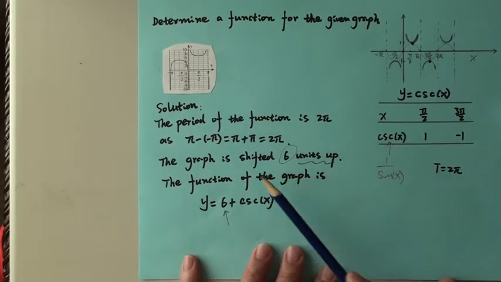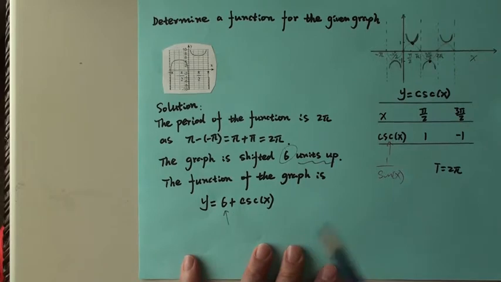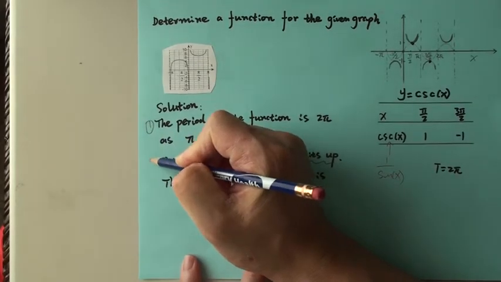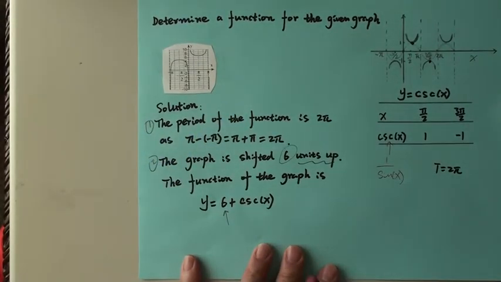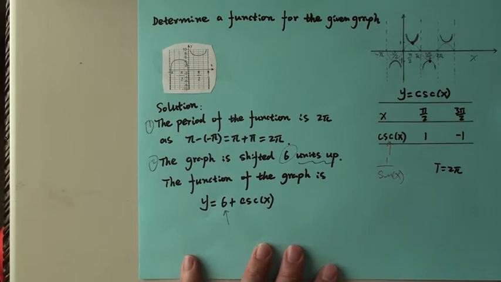The second thing is that it is 6 units up. There are 2 points right here, so you have to be careful. This is one point, and this is another point. Then you will have the function from the given graph. Please review this lecture. I'll see you next time.